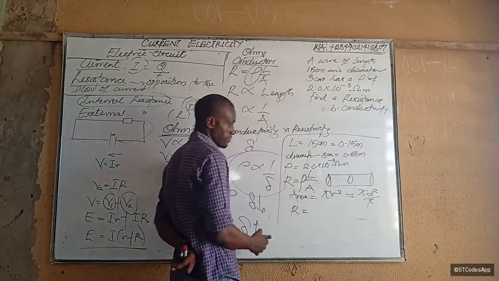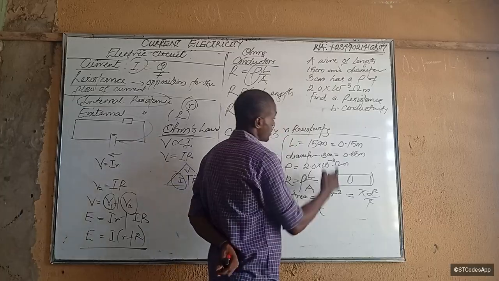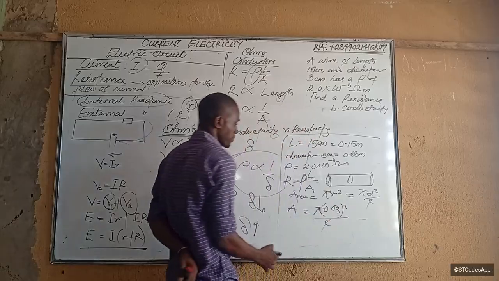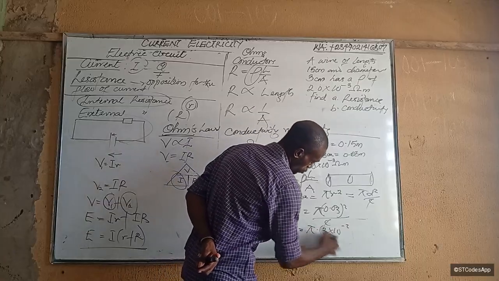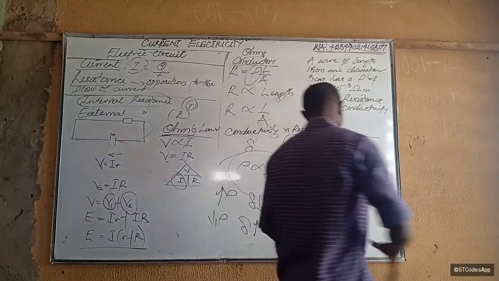We're calculating A. Area is going to be pi times D, which is 0.03, all squared over 4. So A becomes pi times 3 times 10 to the power minus 2, all squared over 4. 3 squared is 9.